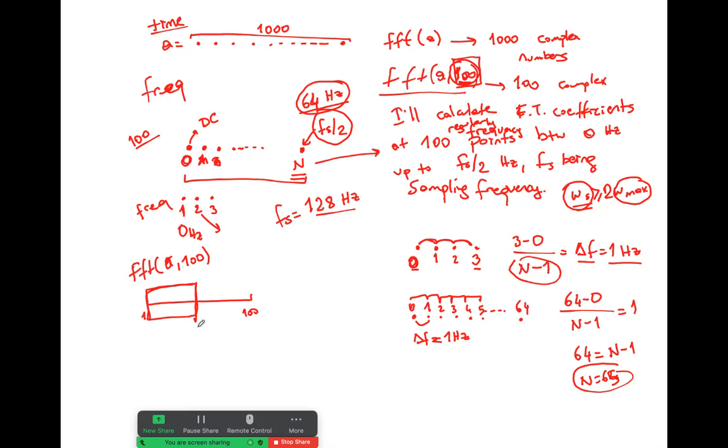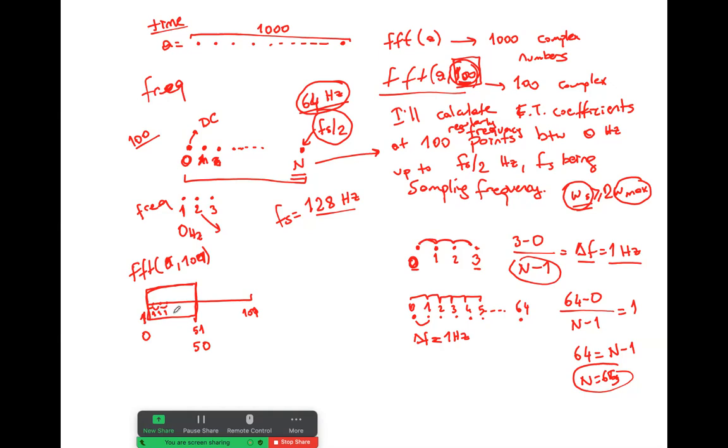That means if I say 101, there will be between 1 and 51 how many points? This is 0 hertz. This is 50 hertz. And the difference between my points will be 1 hertz.